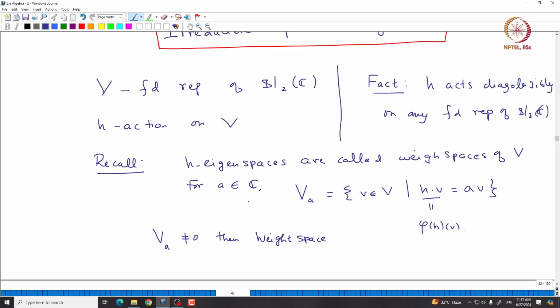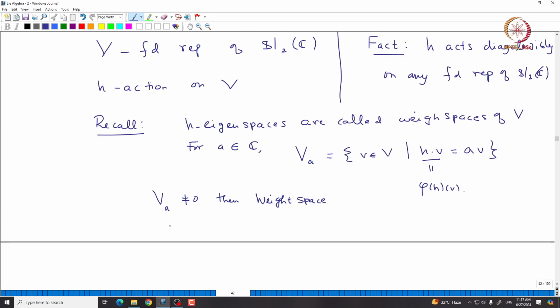And for such V_a, we call this a an eigenvalue, or weight, of capital V. So these are all the notations that we will be using.